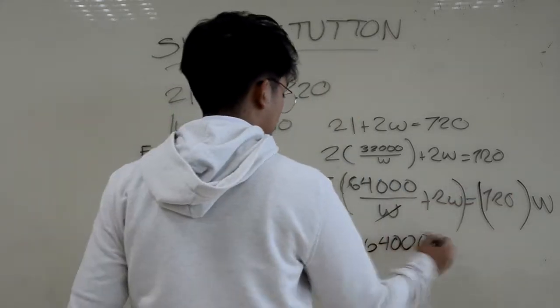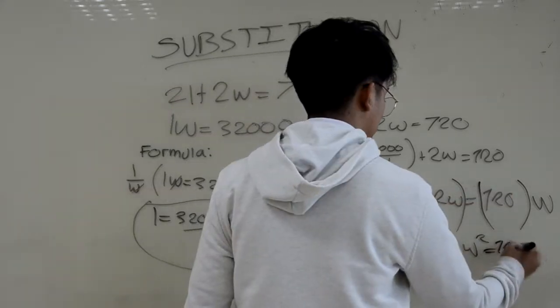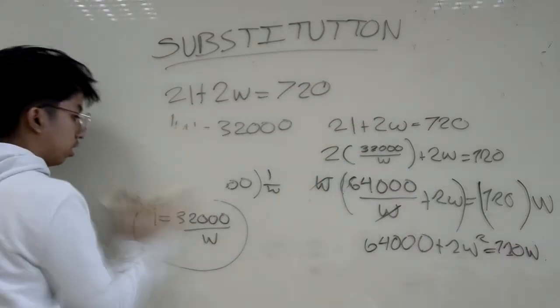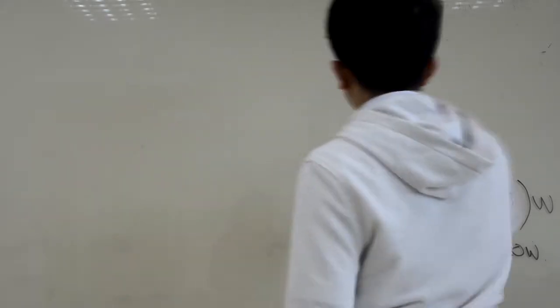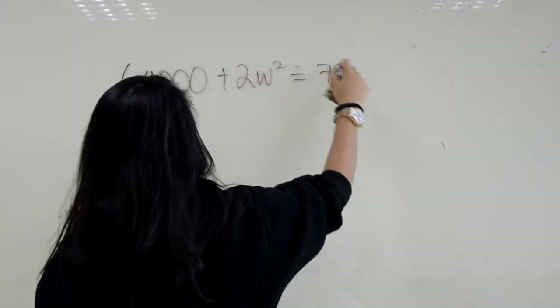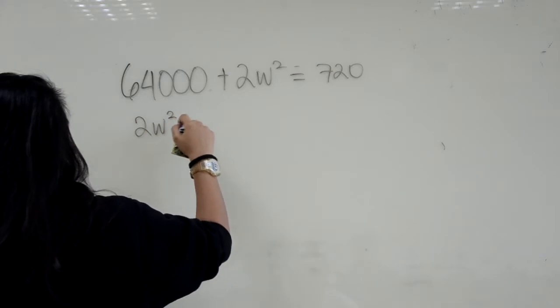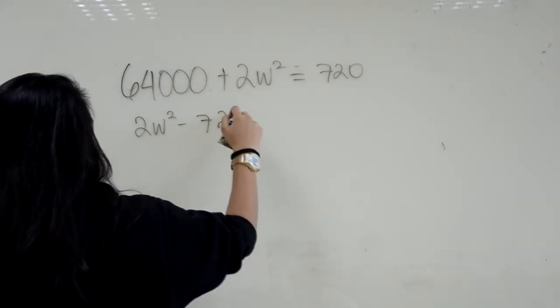The answer would be 64,000 plus 2W squared equals 720W. Then we transpose 720W to the left side and equate the equation to 0.